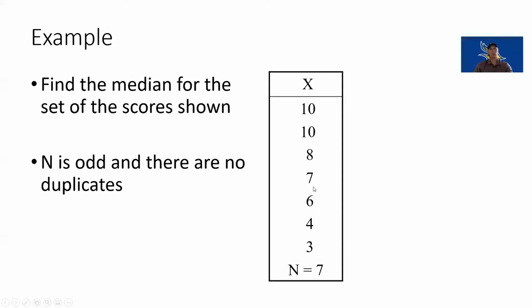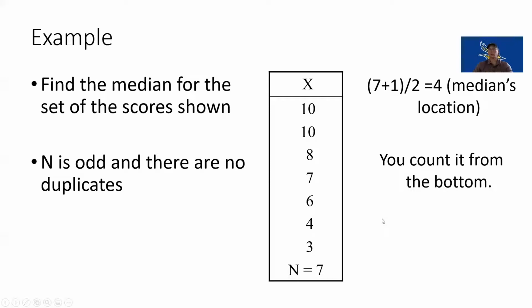So 4 scores down right here would be 7. There we go. So there's our location, or we can count from the bottom, either one. But our median is still 7 in this distribution, half and half in the middle.